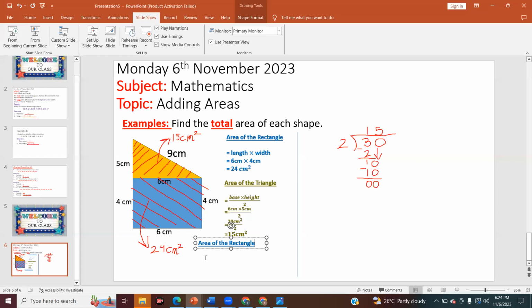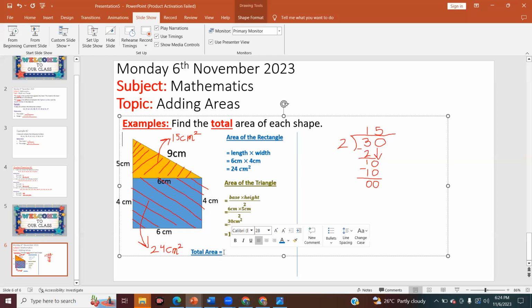That's what we mean by adding areas. We're adding the area of the two. So total area is going to be equal to what? 39 centimeters squared.